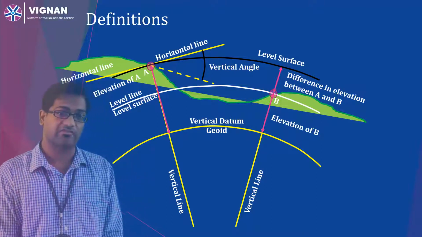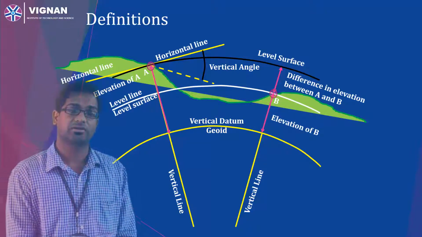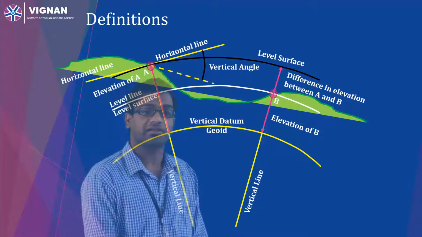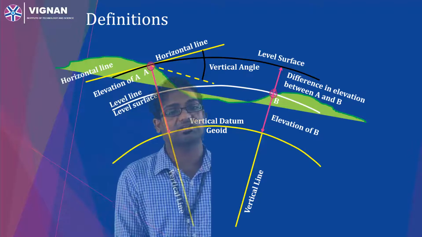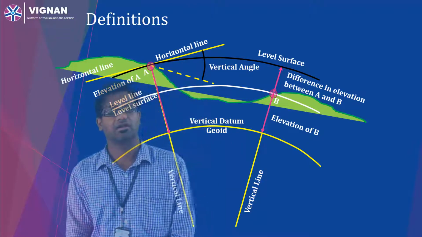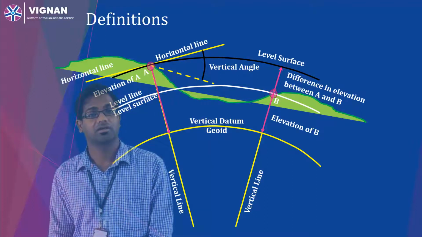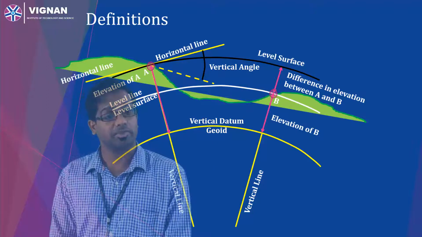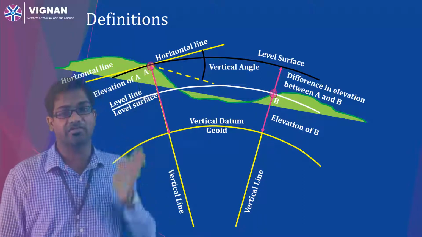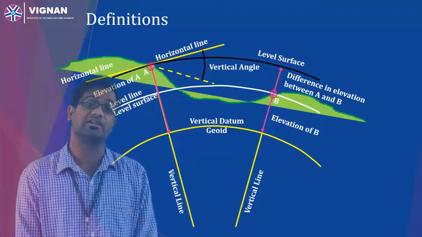So here we have learned about level surface, level line, horizontal surface, horizontal line, vertical line, and vertical plane. If you have a vertical line, then you can have a surface, and that surface is called a vertical plane.